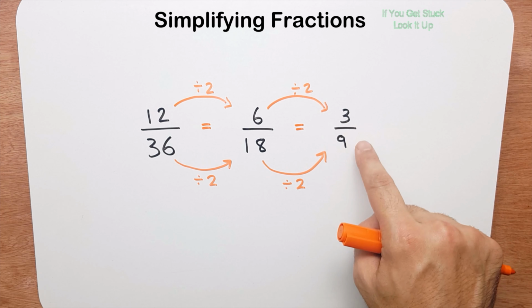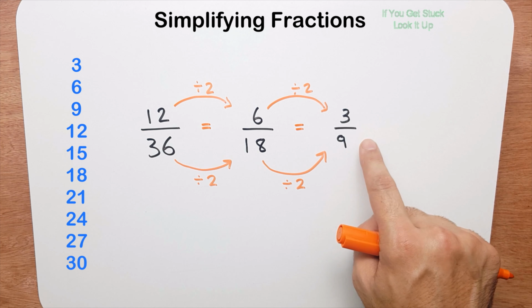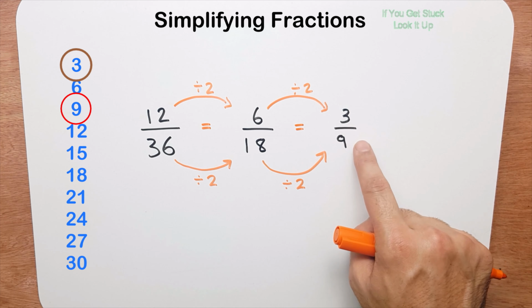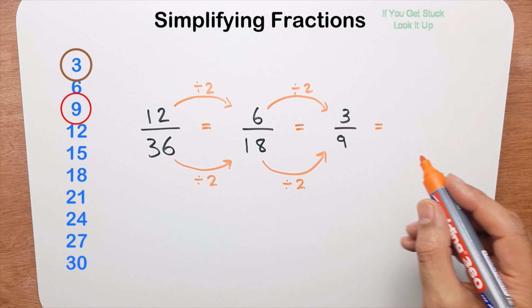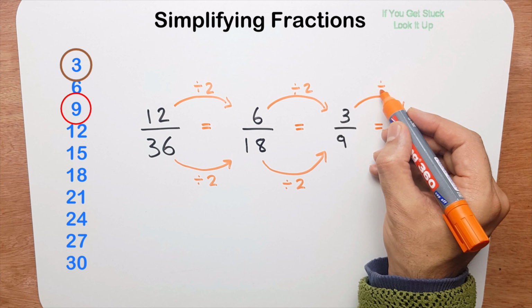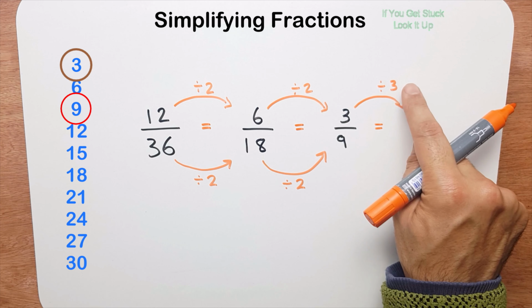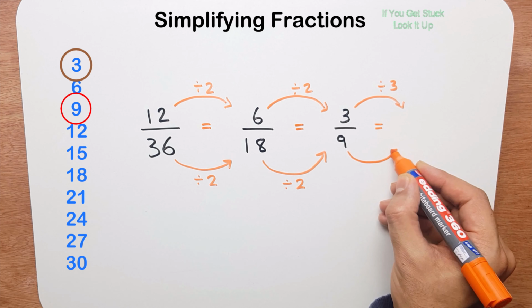Now I've got 3 9ths, and I can simplify this further, and I can see both the 3 and the 9 are in the 3 times table. So what I'm going to do is divide the numerator by 3, and whatever I do to the numerator I have to do to the denominator.